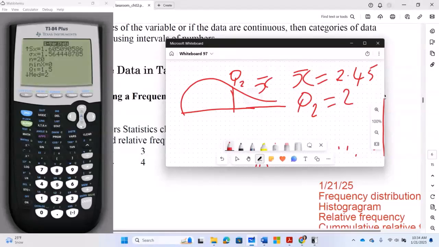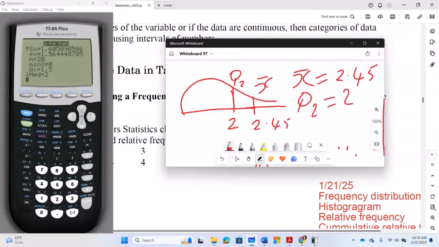Therefore, the data is skewed right. Remember, I'm told to make a decision about the skewness of the data. The mean is 2.45, the median is 2.